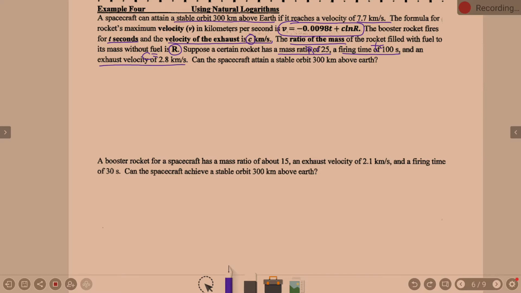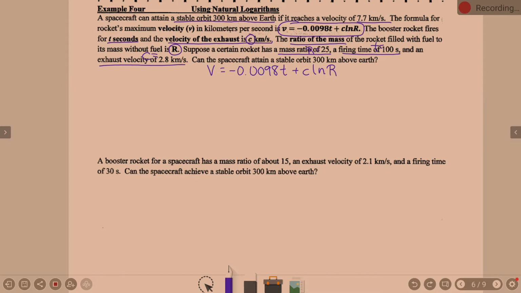And they gave us a formula of V equals negative 0.0098 T plus C natural log of R. Didn't they just give me R, T, and C? Isn't that what we need to fill in this formula to find velocity?